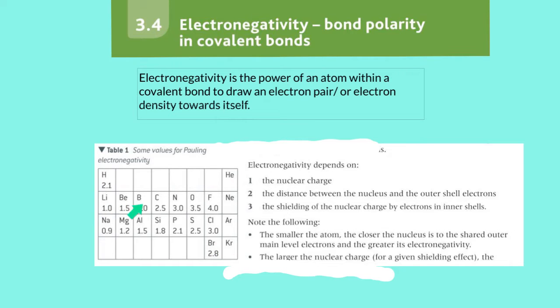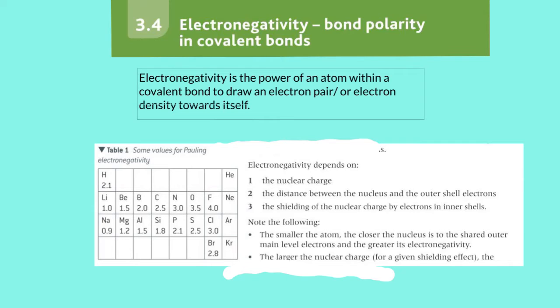As you go across the periodic table, the nuclear charge increases, and so does electronegativity. So the greater the nuclear charge, the greater the electronegativity. As you go down a group, the shielding increases, and so does the distance from the nucleus, and therefore electronegativity decreases as the outer electron that would form bonds gets further away from the nucleus.